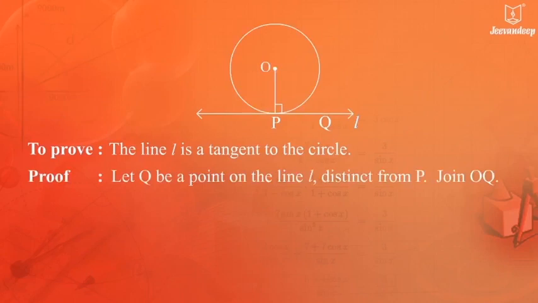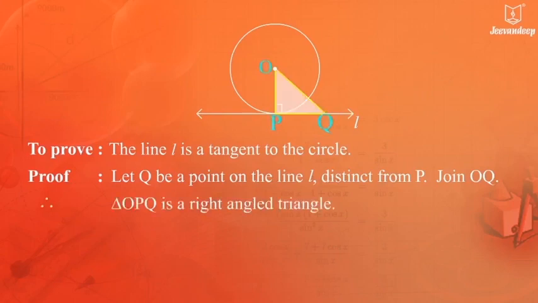Proof. Let Q be a point on the line L distinct from P. Join OQ. Therefore, triangle OPQ is a right-angled triangle, and segment OQ is hypotenuse.